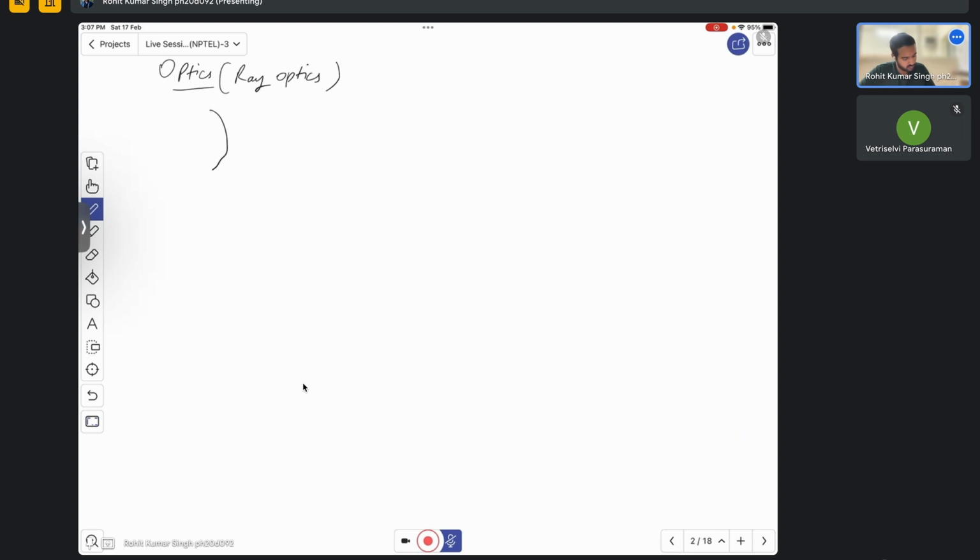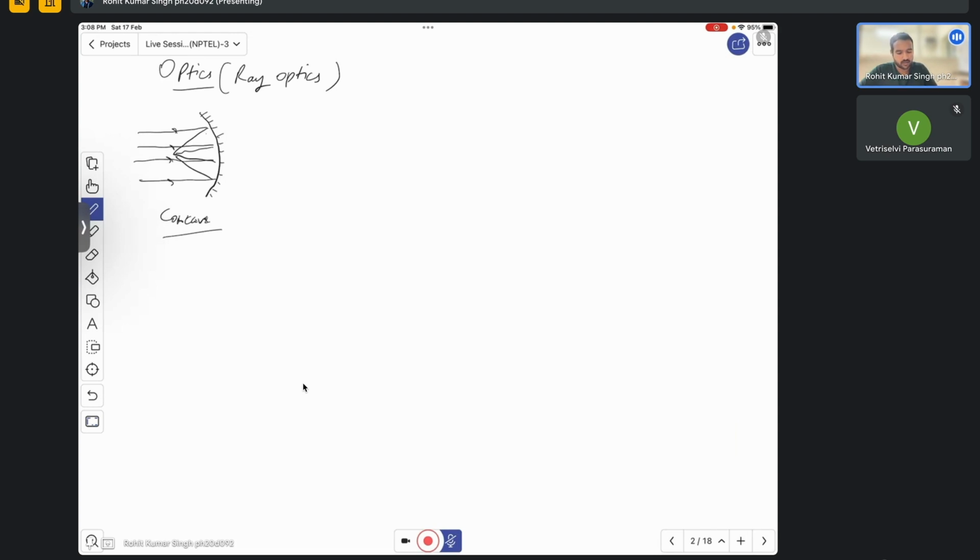The concave mirror is silvered on the outer side, and if parallel rays of light are coming like this, they converge to a point. So this is the concave mirror.